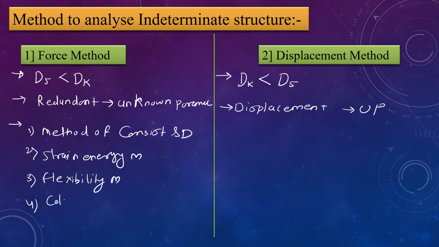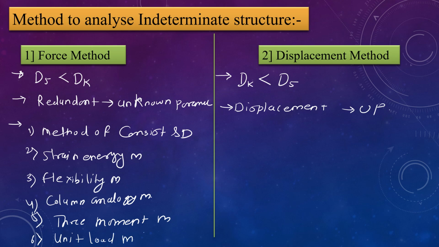Fourth is the column analogy method. Then next is the three moment method. And the last one is the unit load method, which is also known as the method of virtual work.